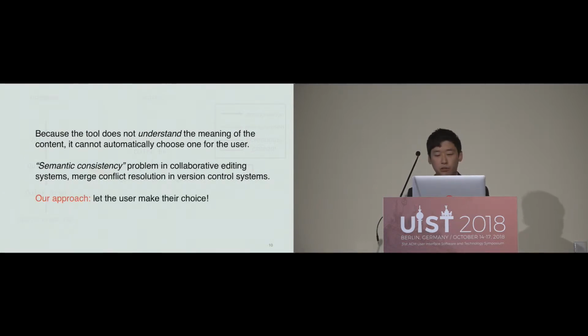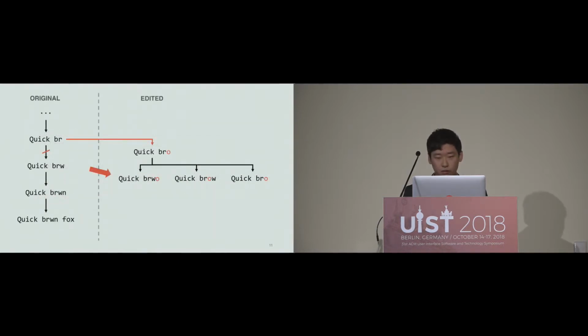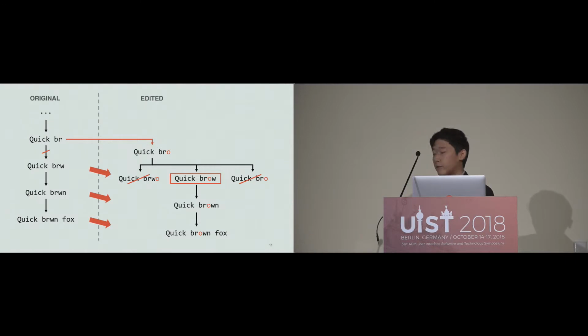So our approach is to let the user make their decision. Pretty straightforward. In this case, the user will choose the one in the middle. And the screencast has converged to one version.